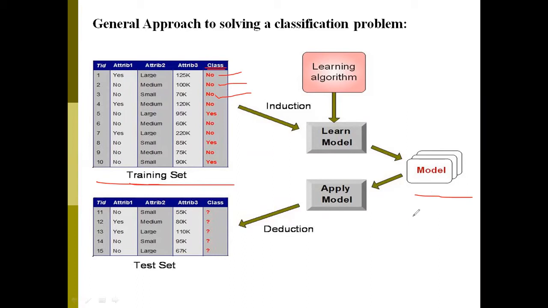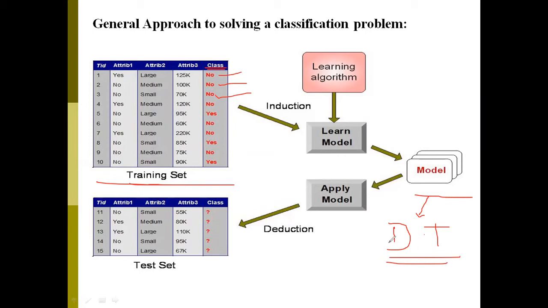That model we may call a decision tree. In previous classes we have learned that based on this training set of data, we build a model, which is also called a classifier. One of the classifier models is a decision tree.